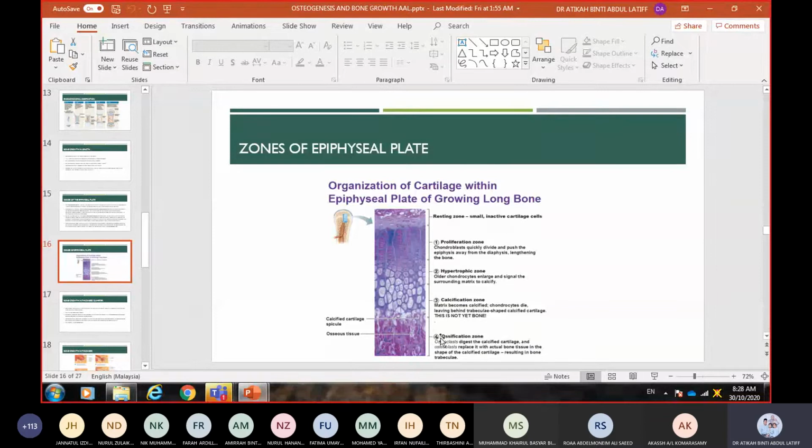At the ossification zone, as the name suggests, this is where your osteoclasts digest the calcified cartilage and osteoblasts replace the cartilage with actual bone tissue in the shape of the calcified cartilage. This will result in the bone trabeculae, the spongy bone trabeculae.